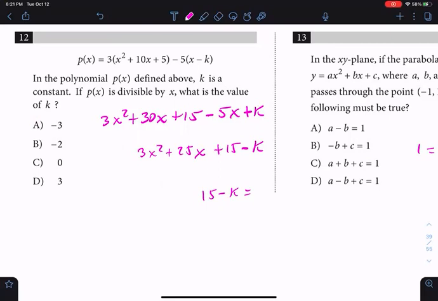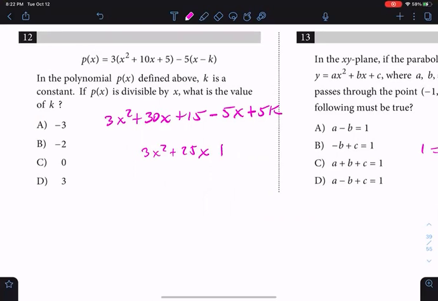Let's see. I made a mistake here. So this is negative 5x, and this is gonna be plus 5k, right? So this is plus 15 plus 5k. Okay, now you can solve.